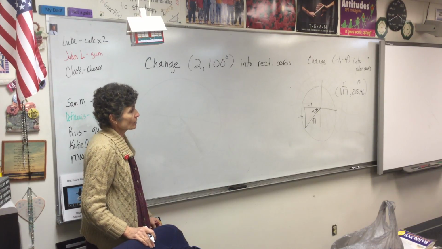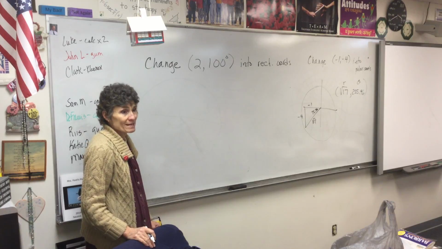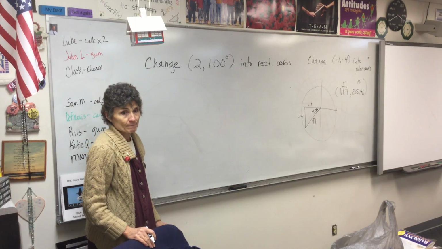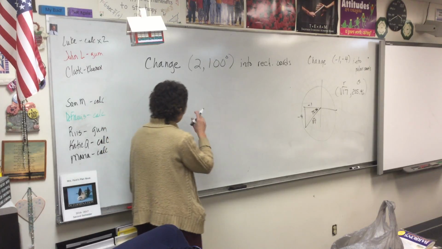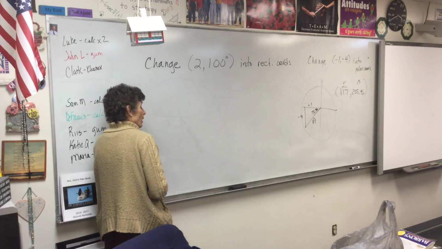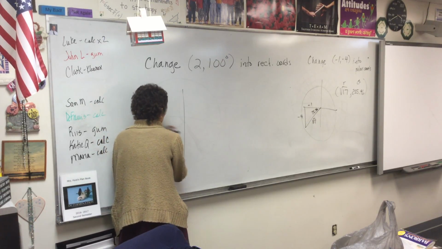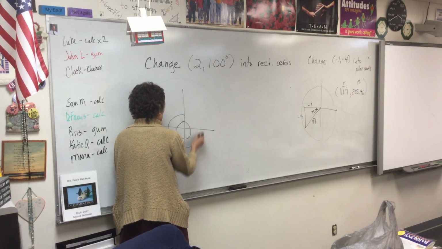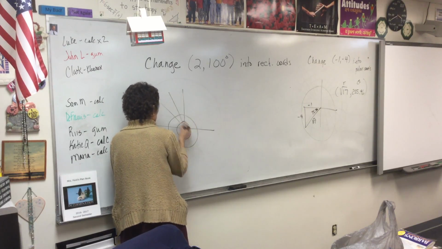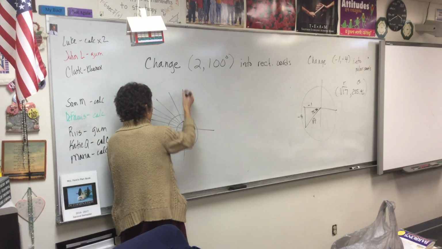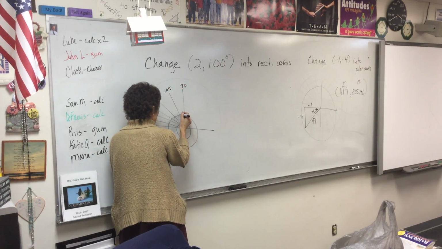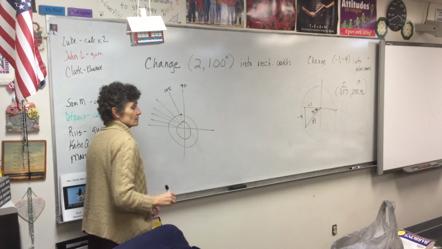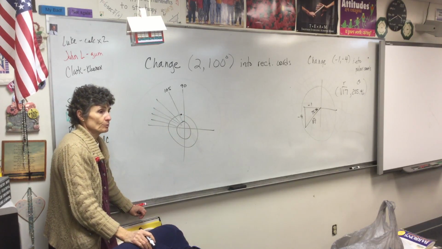So rectangular, Cartesian, complex all mean x and y. Okay? So you've got this point (2, 100). So on my graph paper that I gave you, that would be like right in here. Would you agree with that?